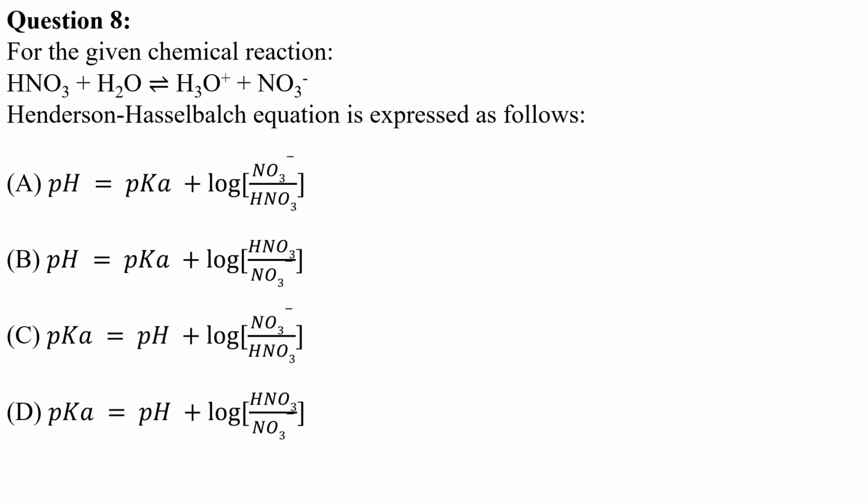Option B: pH is equal to pK plus log of HNO3 concentration divided by NO3 minus concentration. Option C: pK is equal to pH plus log of NO3 minus concentration divided by HNO3 concentration. Option D: pK is equal to pH plus log of HNO3 concentration divided by NO3 minus concentration. So for this given chemical reaction, what would be the Henderson-Hasselbalch equation?